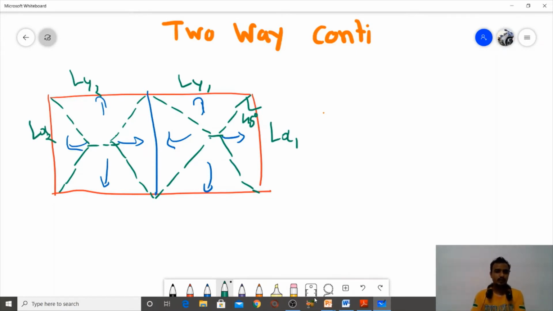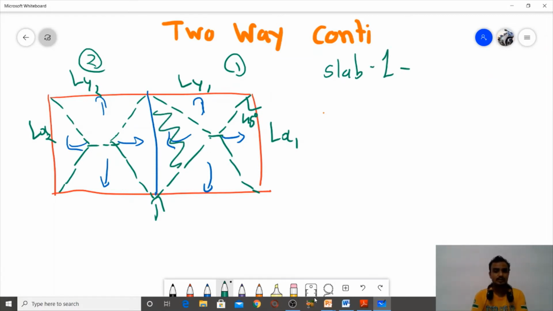If I am going to design this beam, how many loads are there? There is slab 1, here is slab 2. Slab 1 here is a triangle.